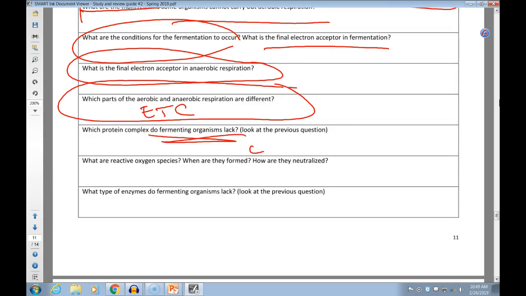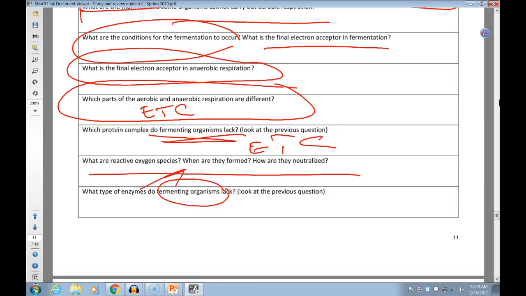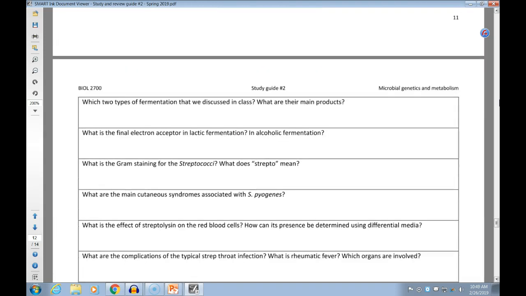Fermenting organisms lack ETC. Reactive oxygen species are formed during respiration, and they're neutralized by enzymes. Fermenting organisms lack these enzymes. They cannot neutralize reactive oxygen species. This is why they can't respire.